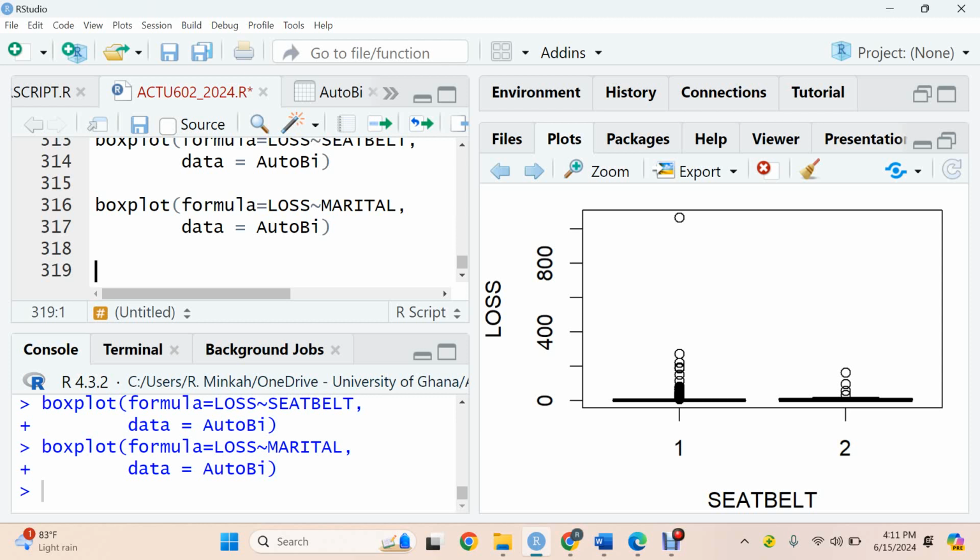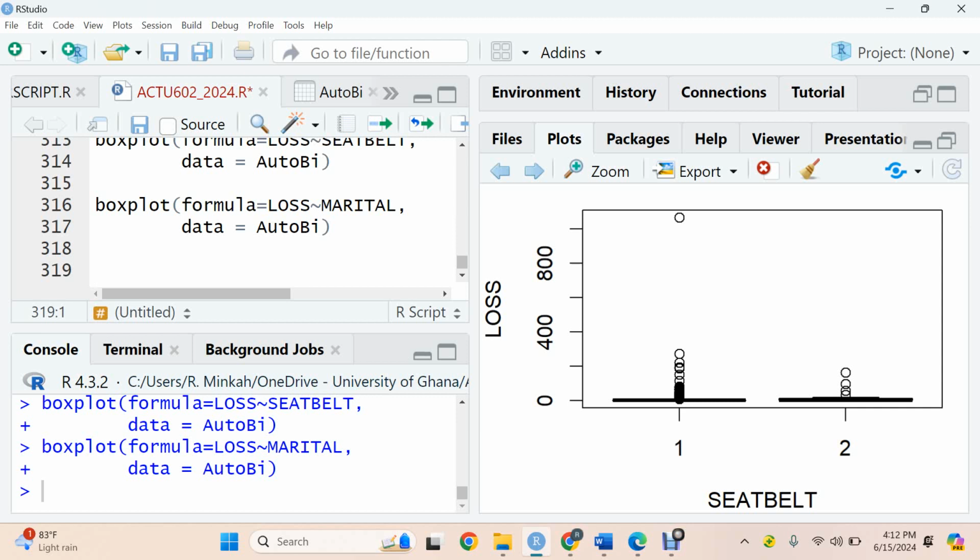For example, those wearing seat belts, are they the same people who are not wearing seat belts? So this will not be paired or dependent. They are independent. You cannot be wearing seat belt and not wearing seat belt at the same time. Is that okay? So that's how you analyze to come out with a proper test.